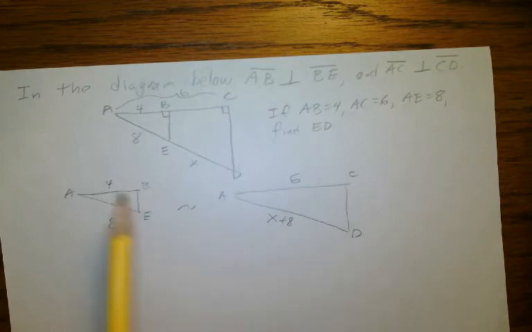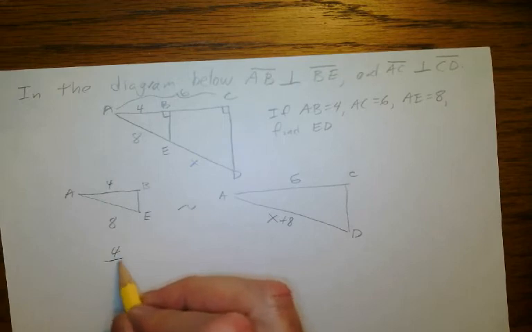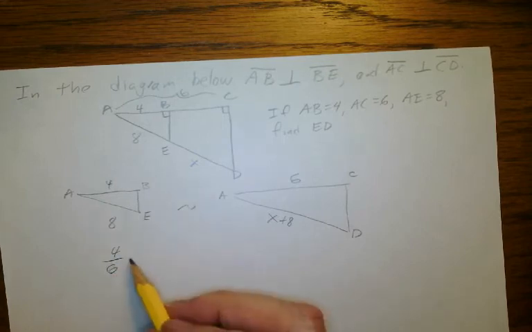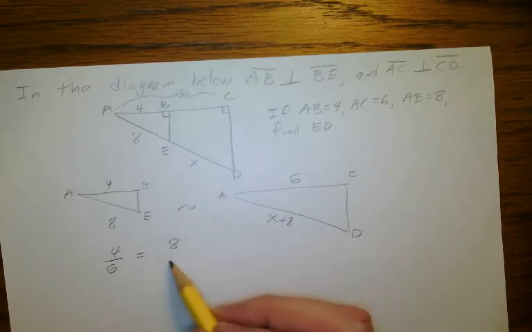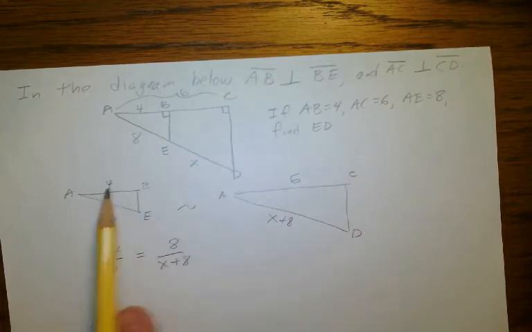Now I'm going to set it up. I'm going to say 4 is to 6 as 8 is to X plus 8. 4 matched with the 6, 8 matched with the X plus 8.